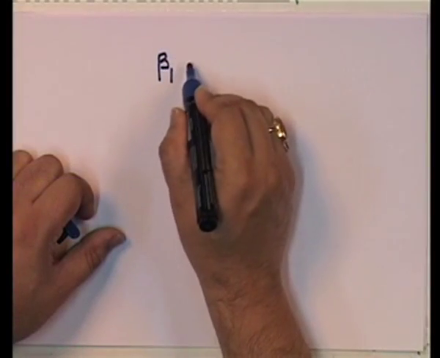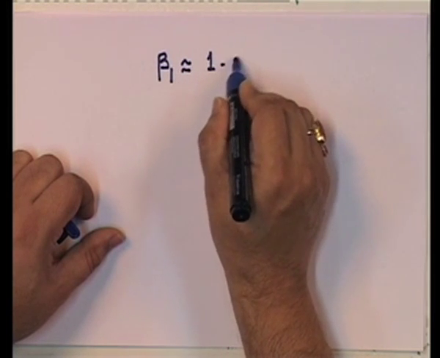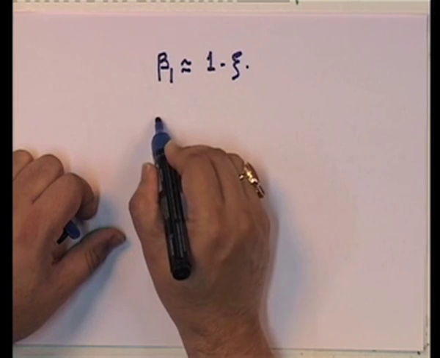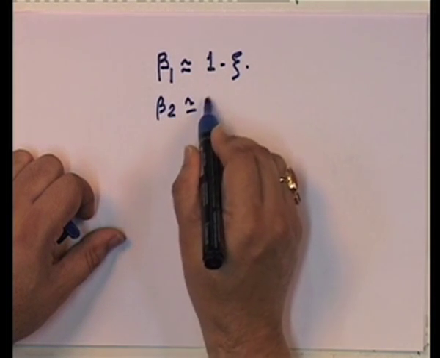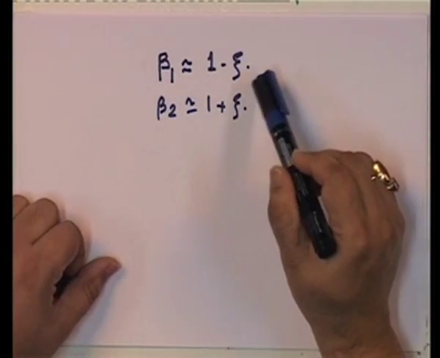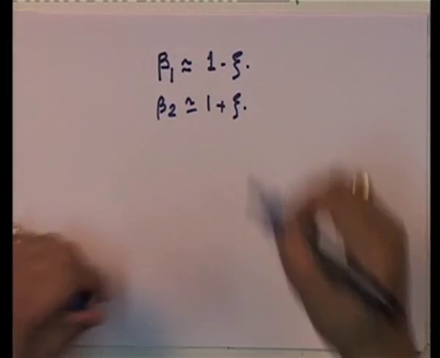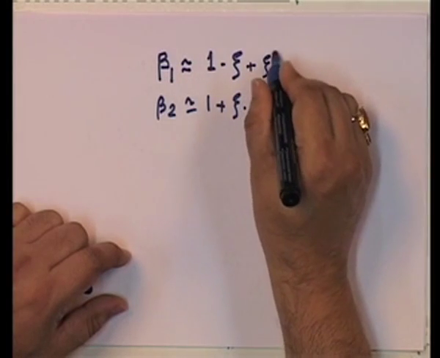What I get is that this can be solved for 2 values of beta, which can be approximately written as 1 minus zeta and 1 plus zeta. What I am neglecting in this entire scheme of things, well, if you really look at it, this comes as this.